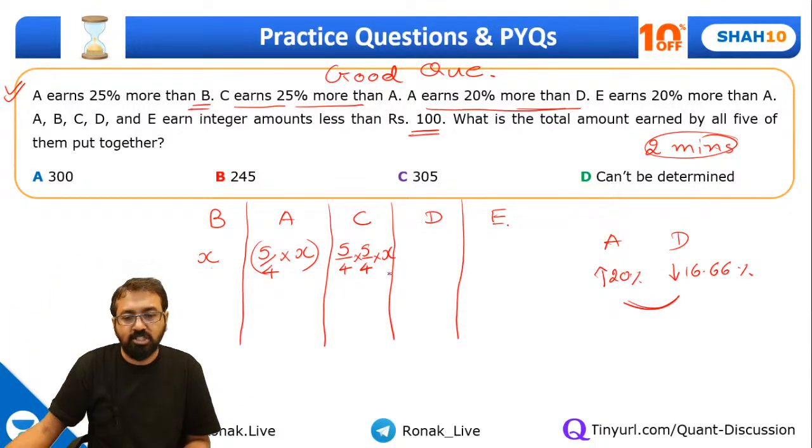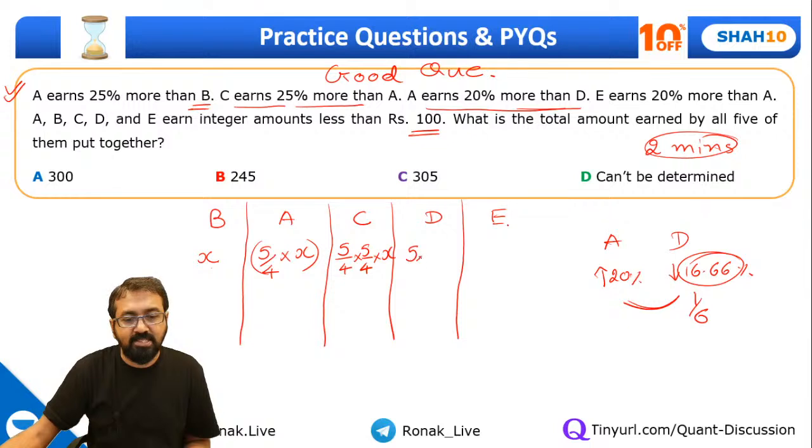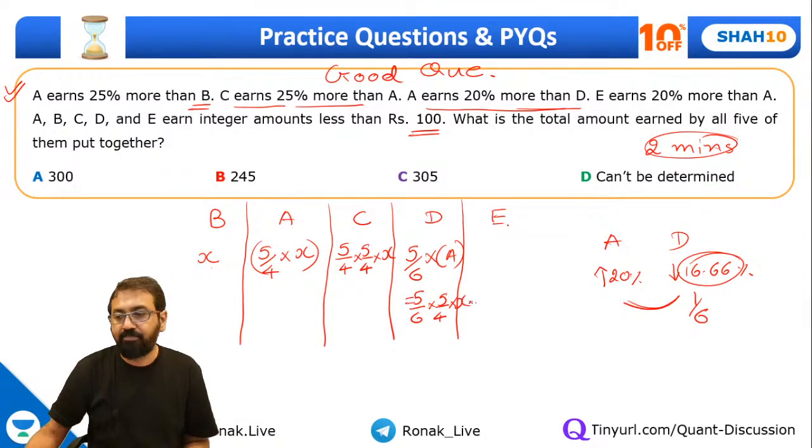One and same concept. So can I say D is 1/6 less than A? 16.66 means 1/6. So D should be 5/6 of A. What is A? 5 by 4 X. So 5 by 6 into 5 by 4 into X. Have you all understood this part? Everyone, how did I get the value of D? Great. Okay.